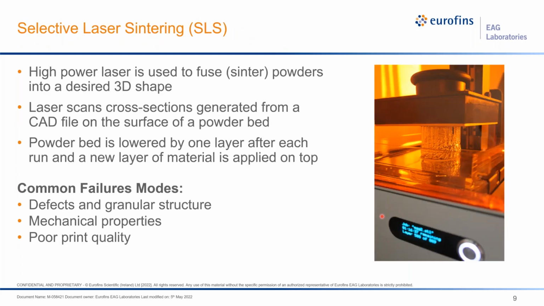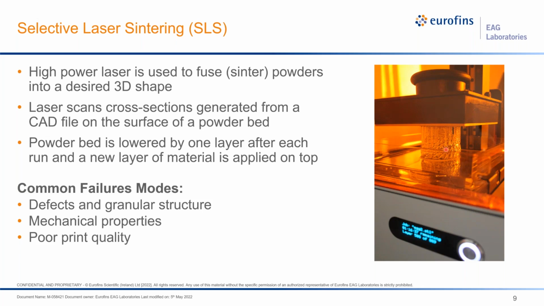Another popular method is selective laser sintering. Here you're using a powder, and a high-powered laser is sintering, sort of fusing, these powders together into a specific shape. Again, you're using this CAD drawing that's broken up into sections, and the software knows how to build up layer by layer to create your desired material.